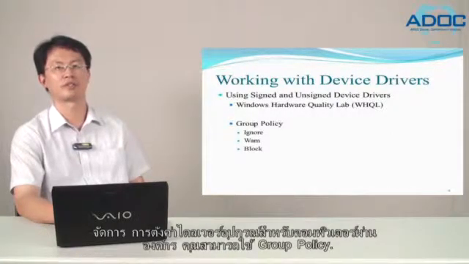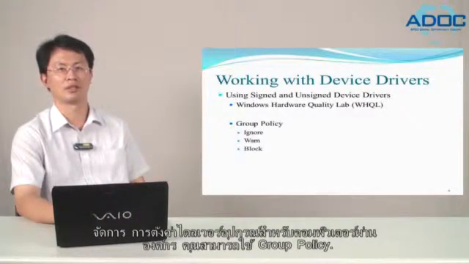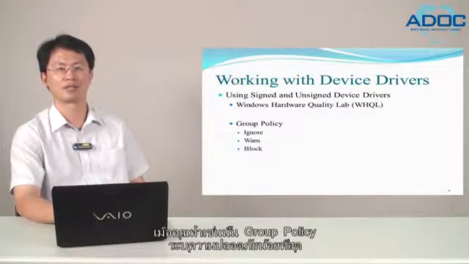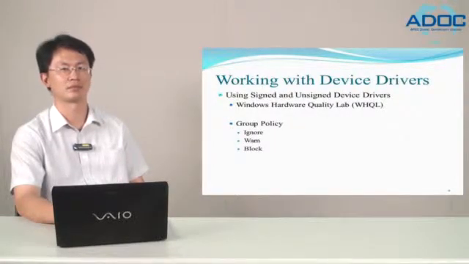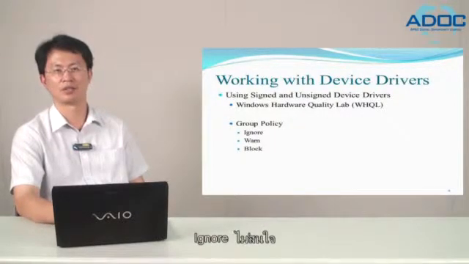To manage device driver settings for computers throughout the organization, you can use a group policy. When you do this, group policy specifies the least secure settings using one of three configuration settings. The first, ignore.